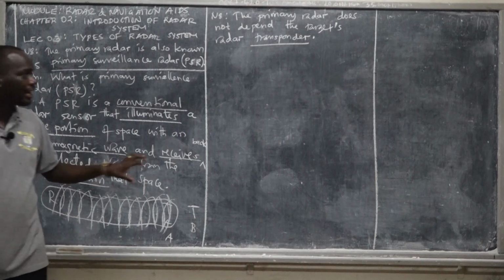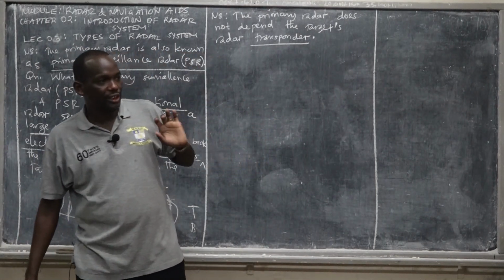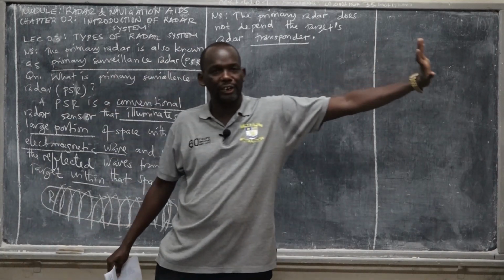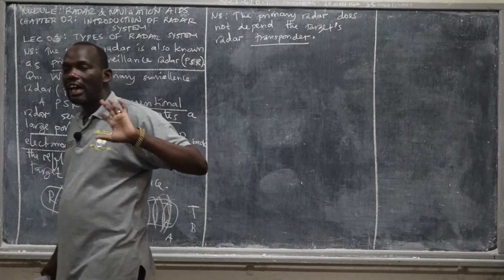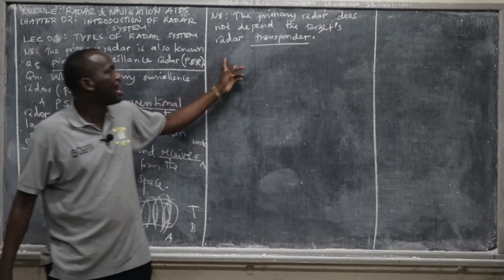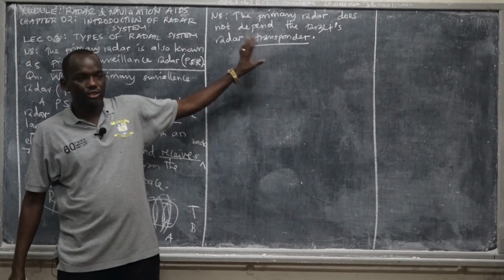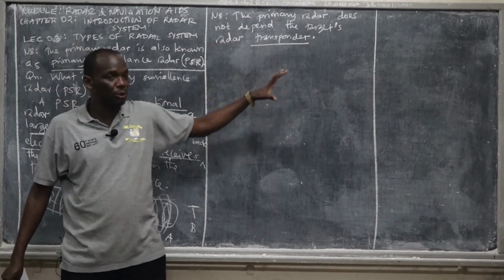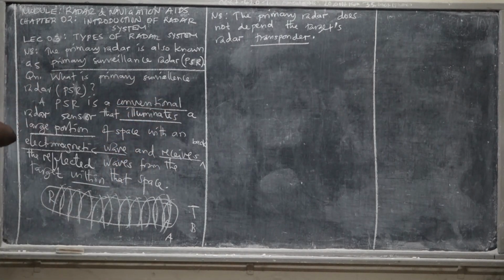It depends on something else: the target also has what we call a radar transponder. Say radar transponder. So the targets will be interrogating with the ground-based radar.